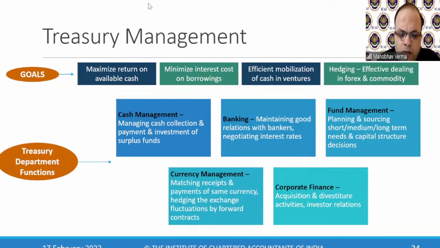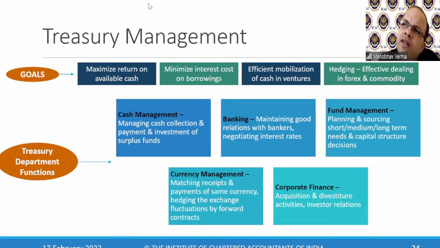Now, when it comes to treasury management, this is again a very important aspect of working capital. Of course, we understand it's part of the current assets, which is cash in bank. So any finance manager, especially in treasury, used to negotiate with the banks, guys. And the negotiation used to be with respect to fixed deposit rates for 5 days, 7 days, 10 days.